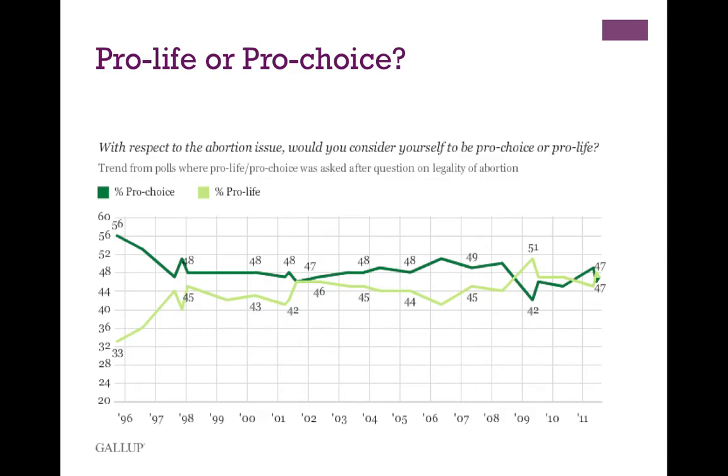This is a Gallup poll, and it's a couple of years old now, but as you can see right here, public opinion in the United States has been basically split 50-50 for the last 20 or so years. You've had roughly 50% of the country who've been pro-choice and roughly 50% of the country who recognize themselves as pro-life.